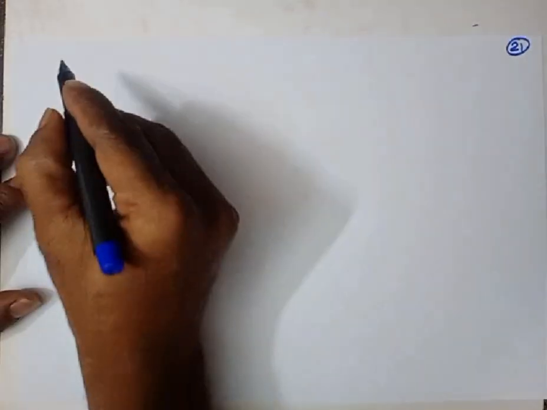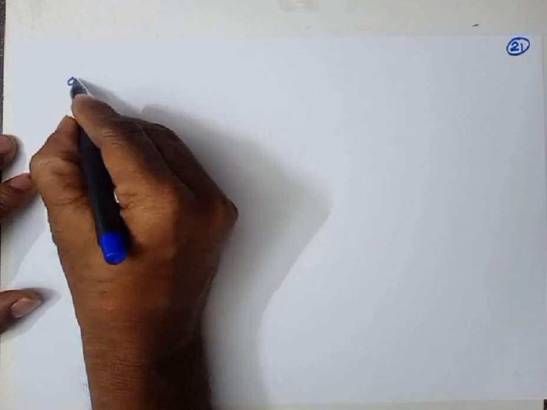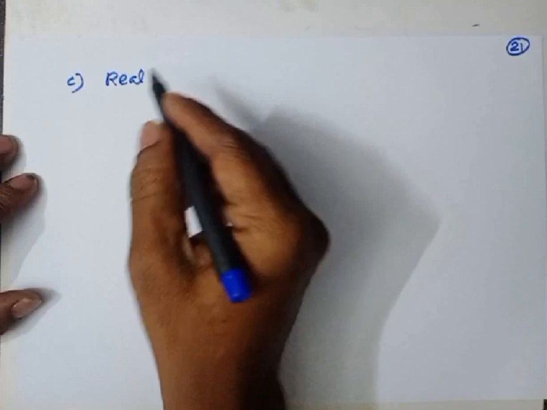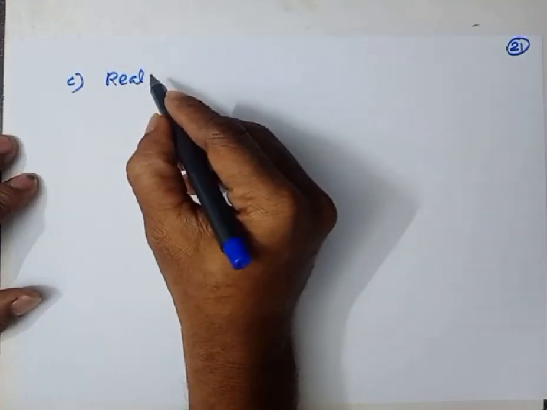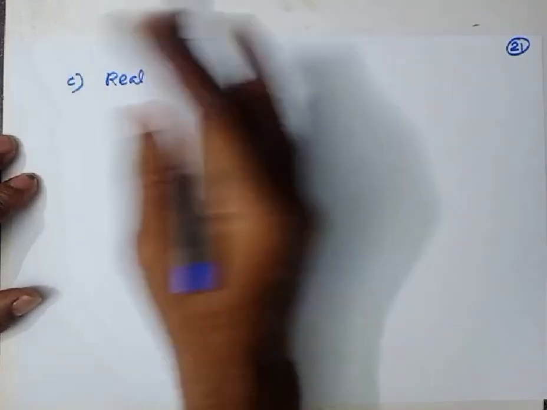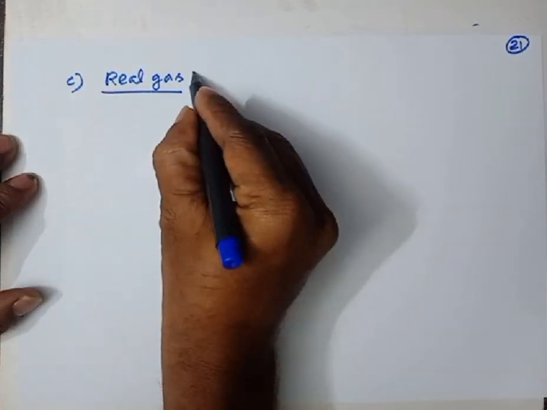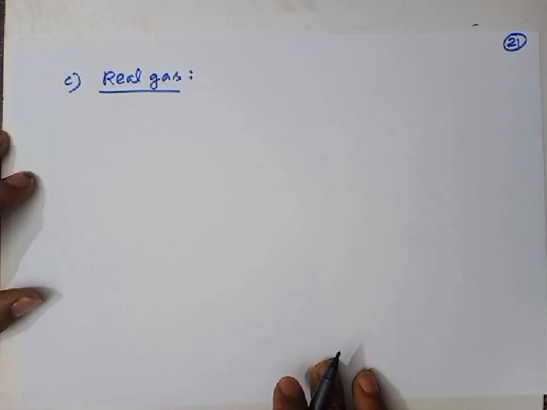So, third scene. How to understand change in chemical potential by changing the pressure of a real gas. You take a pure real gas.